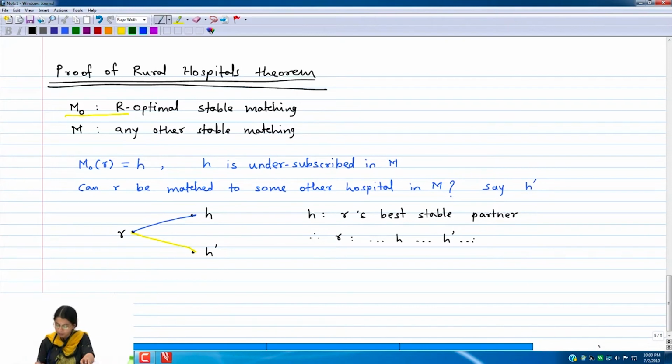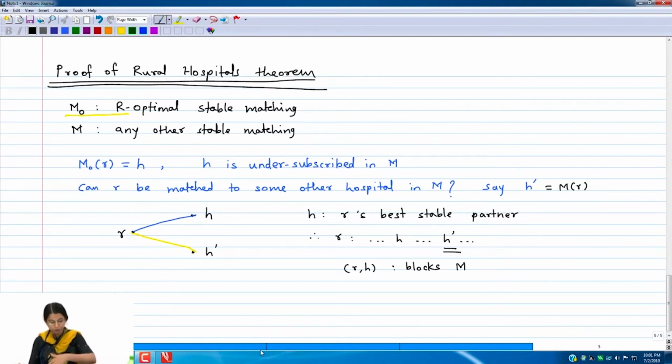No, right? Because R is matched to a worse partner in M, and H is undersubscribed in M. So the RH pair blocks M. Does it make sense?